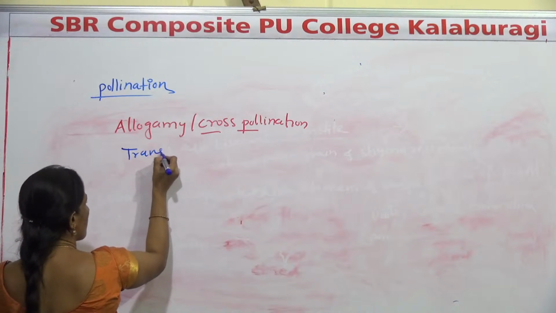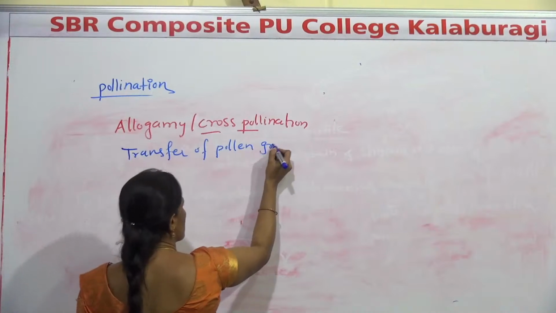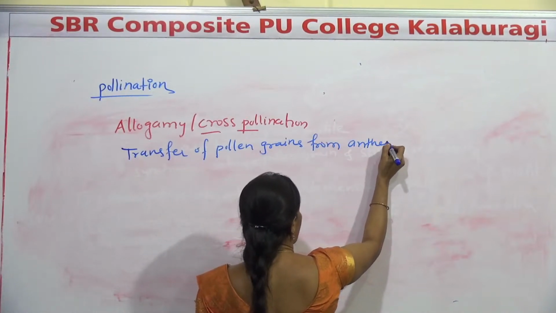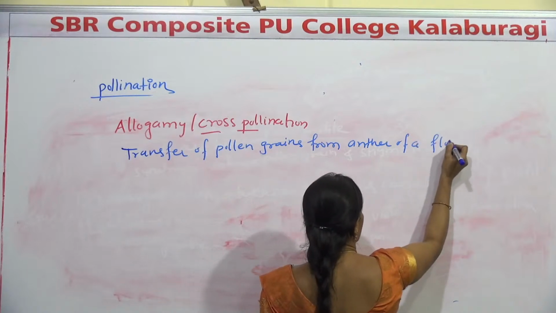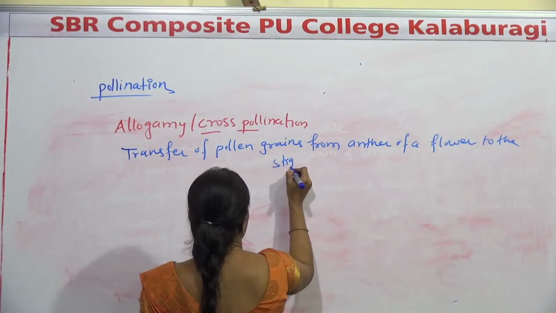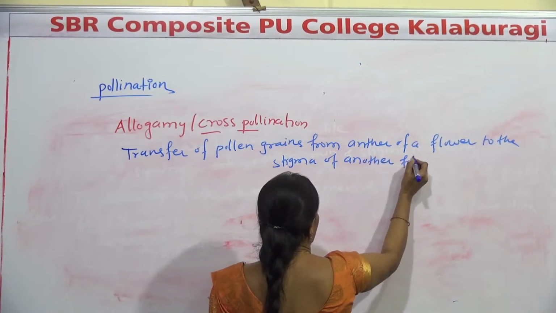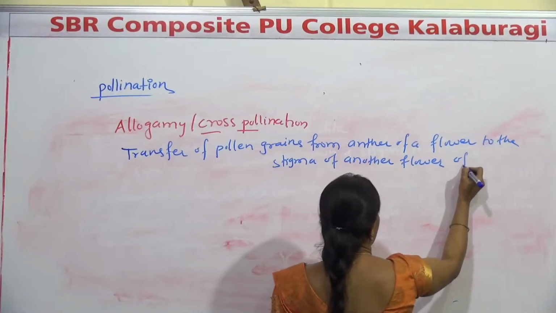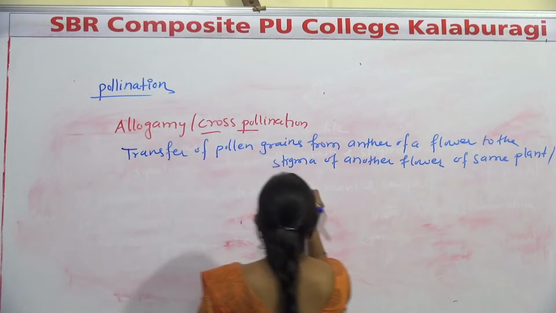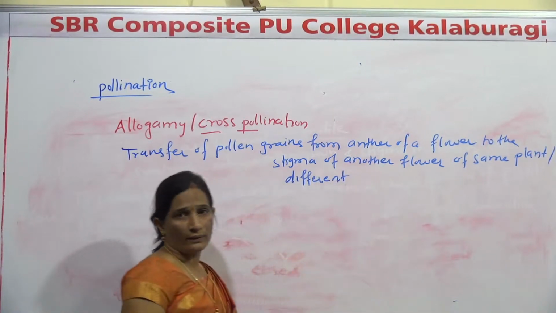Transfer of pollen grains from the anther of a flower to the stigma of another flower of the same plant or a different plant is called cross pollination.